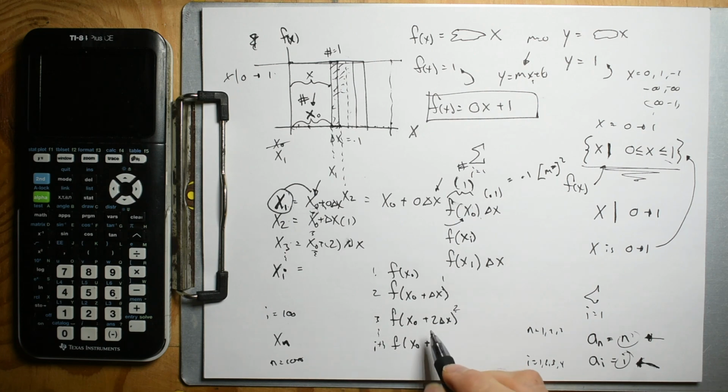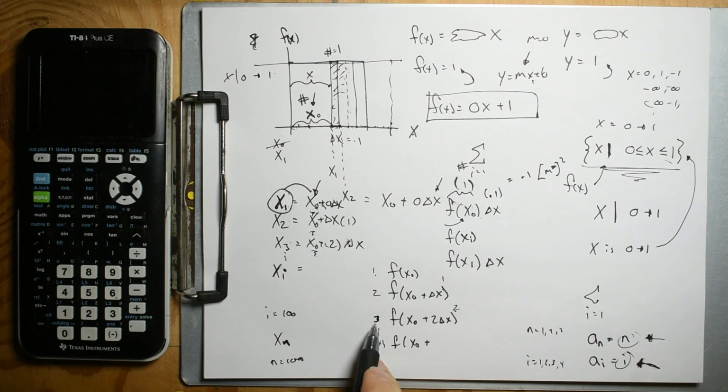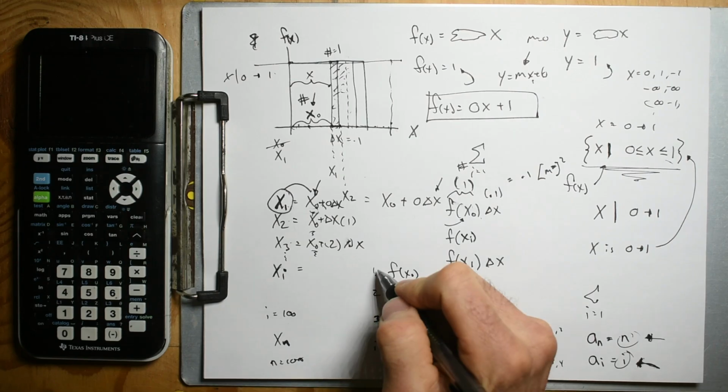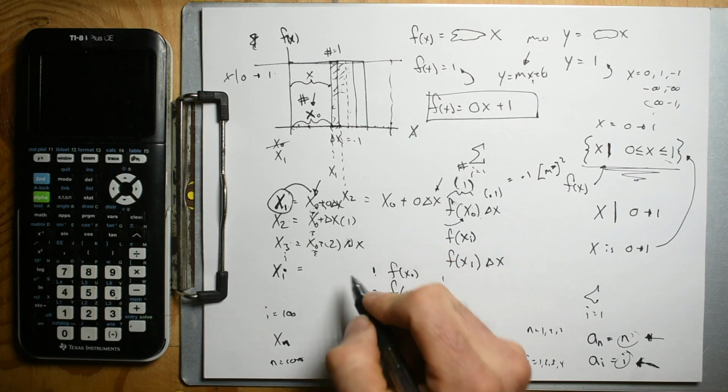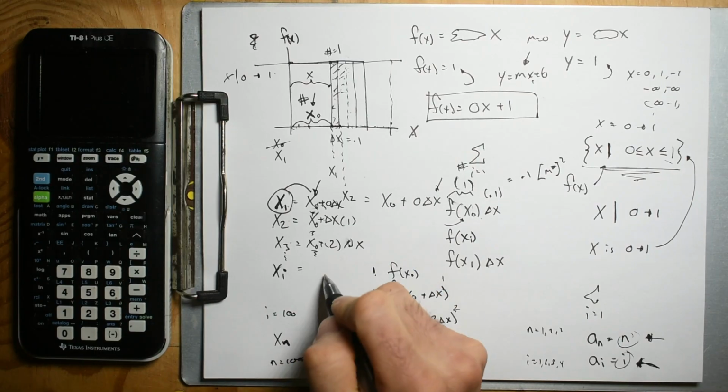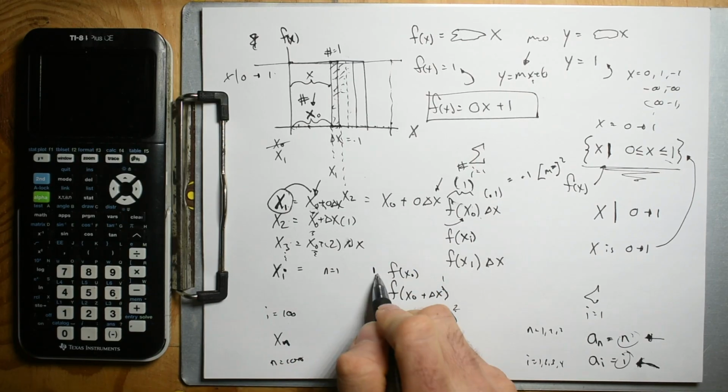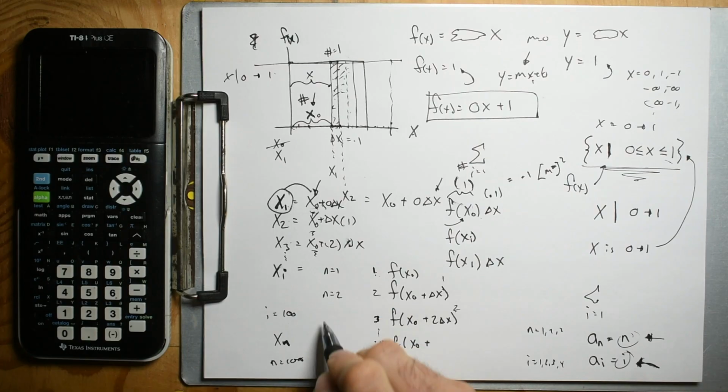Okay, so let's just say, I can use this number, because that's what we do in series. We say, hey, we're going to start with n equal to 1, and then n equal to 2, n equal to 3, and n equal to i. And maybe that's a good crossover.